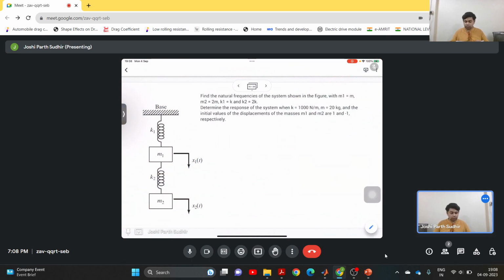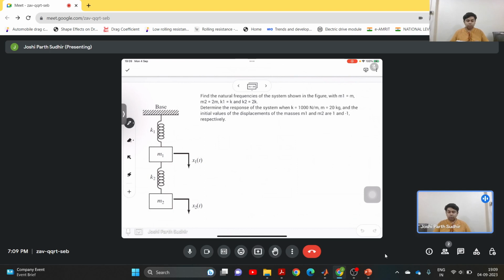So let us get started with our first problem. There is a system consisting of two spring mass systems, with two masses M1 and M2, which are suspended through springs K1 and K2 from the base, as shown in the figure. The question is to find the natural frequencies of the system, with certain relations given in terms of M1, M2, K1, and K2.